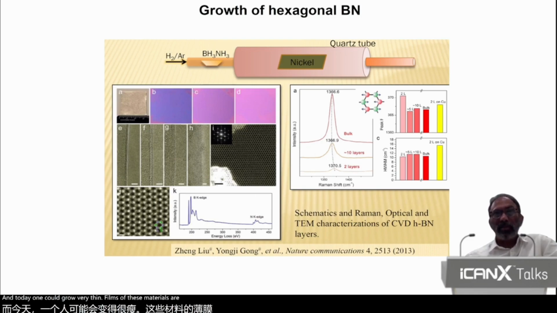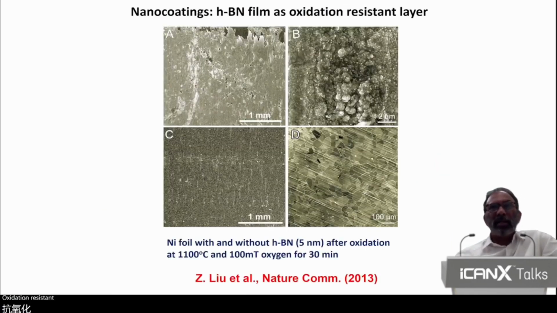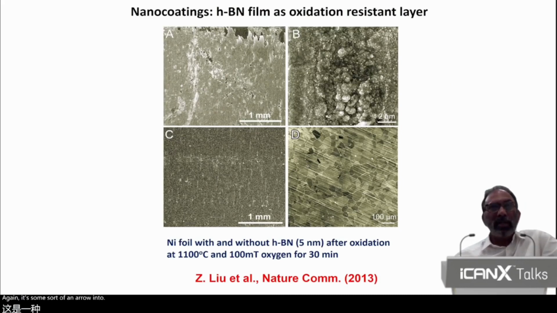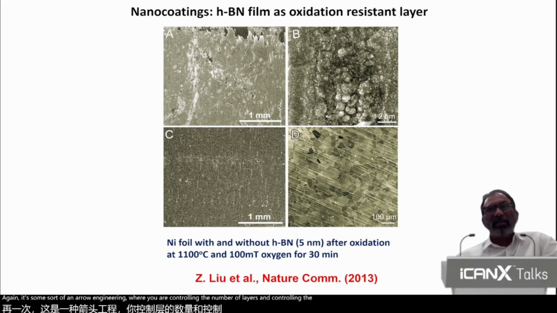They're extremely strong, tough, oxidation resistant. Here is an example of a nano coating that withstands oxidation. They're corrosion resistant. So again, it's some sort of nano engineering where you are controlling the number of layers and controlling the defect densities in these materials as you deposit them on different substrates.